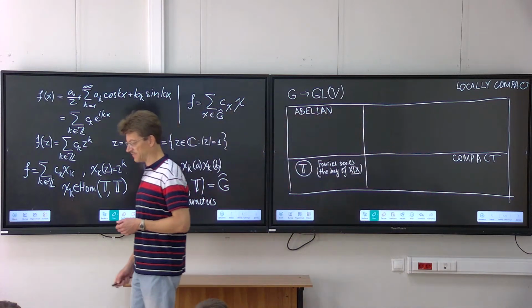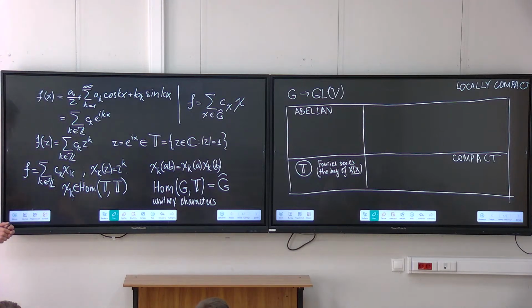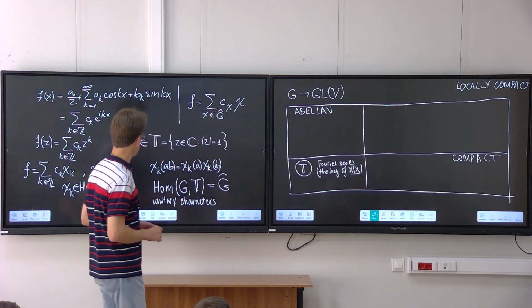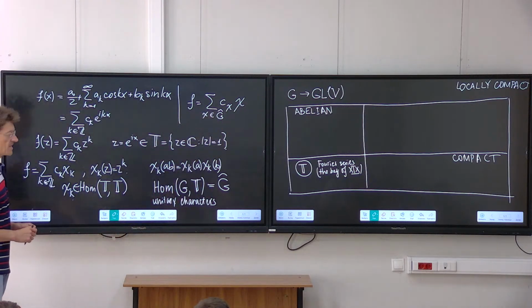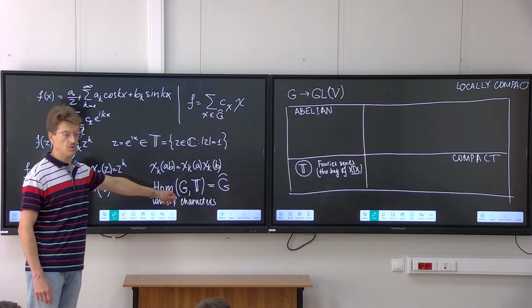Well, what happens if our group is compact but is no longer abelian? It turns out that in this case, the set of characters can be too small, so it is no longer relevant.